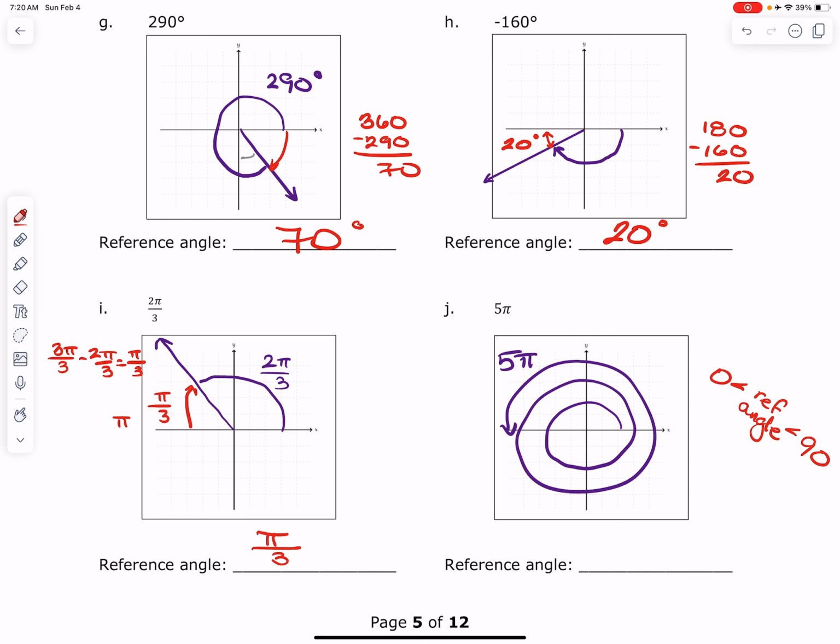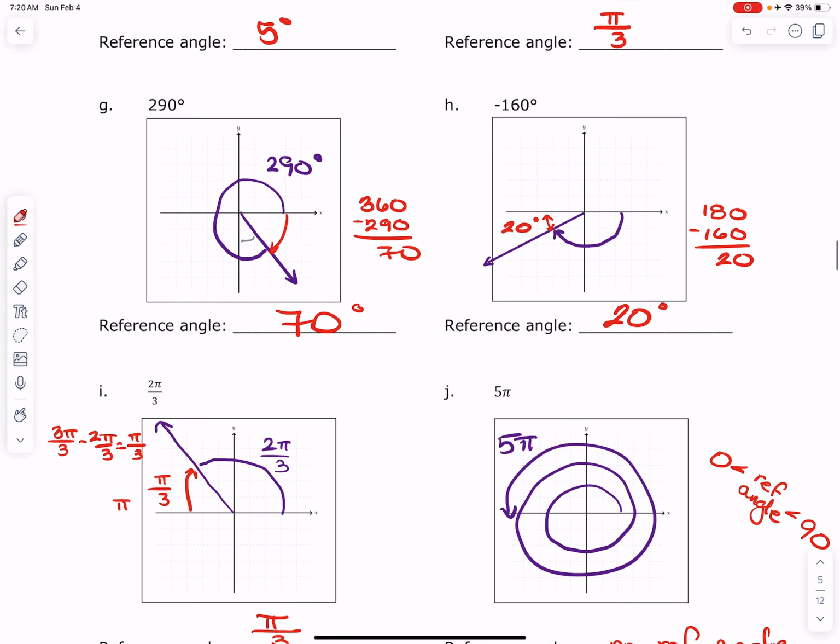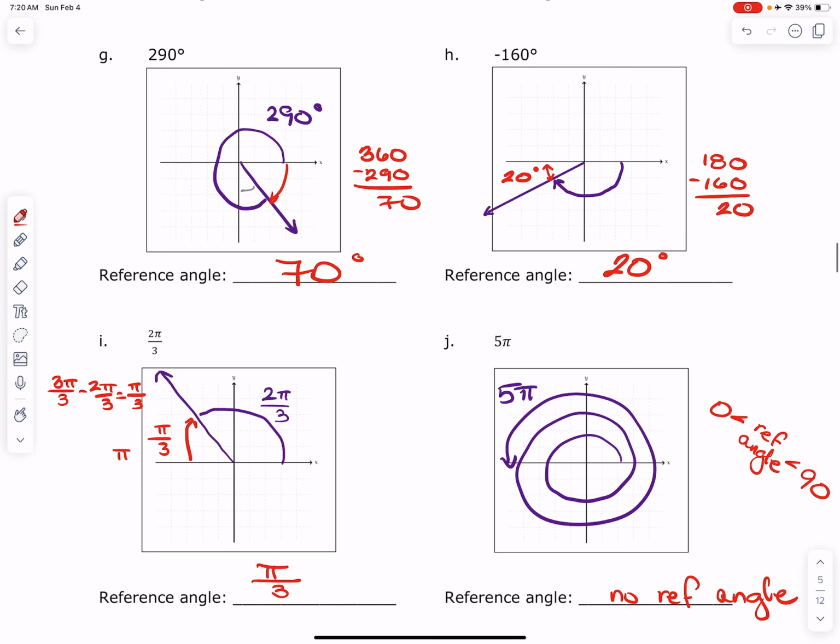And since this is a quadrantal angle, I have no reference angle. And there we go, page 5.